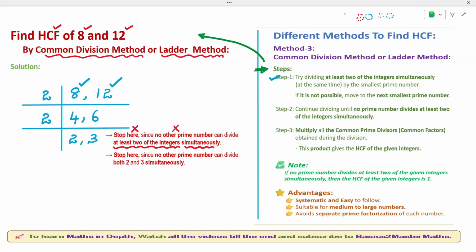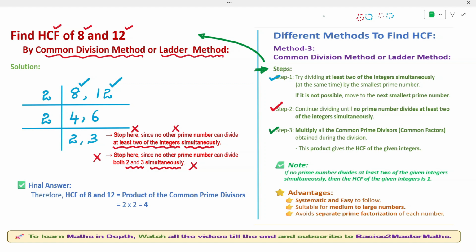In this case, we should stop here since no other prime number can divide both 2 and 3 at the same time. Got it? This is what step 2 says.